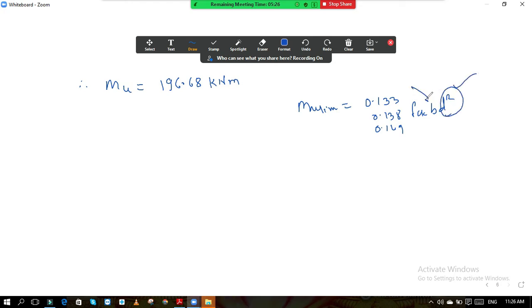You can either assume the value of b or it may be given in the problem. It may be 200, 250 or 300, you can assume it and get the other value using the Mu limiting formula.